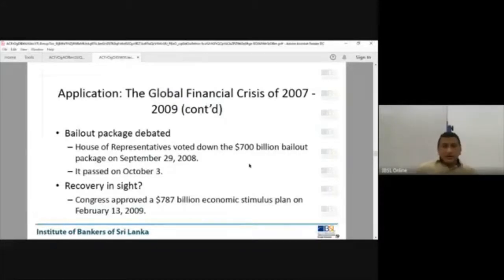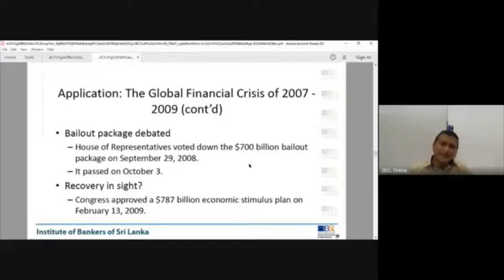Okay. So then, of course, the recovery process was not necessarily completed with that bailout arrangement alone. So the recovery was not in sight. Recovery was expected as early as 2009, but it was not the case. It extended. A further bailout in terms of a stimulus plan was introduced, and that also, close to $1 trillion, was passed in the early part of 2009.